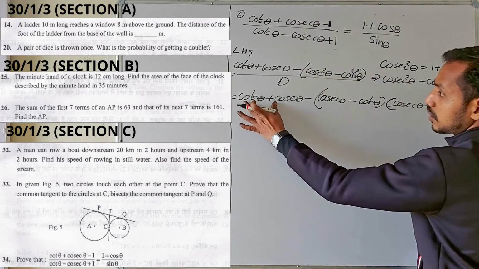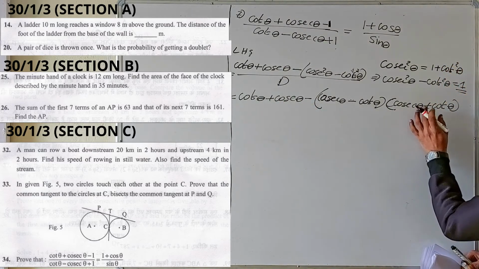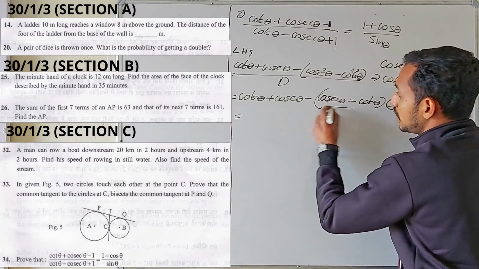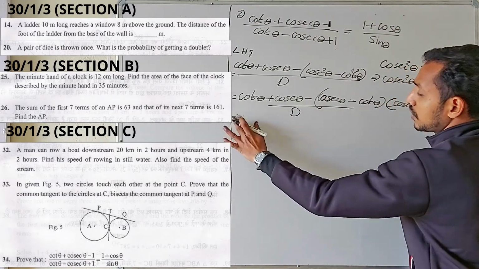Then here cot theta plus cosec theta is common in both the terms. So take it outside. The denominator is there, I am not writing now.